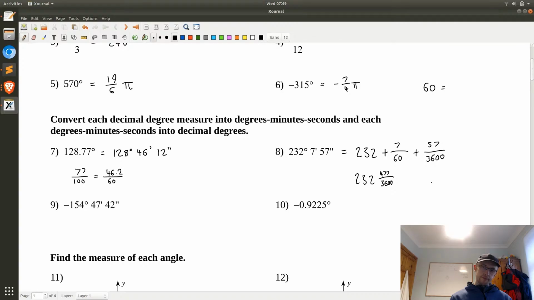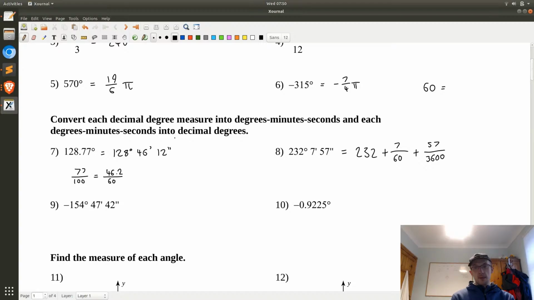All right, perhaps I just added up those fractions wrong. That's a possibility. We're only human after all. 232 plus 7 on top, 60 on the base, plus 57 over 3,600 creates this.